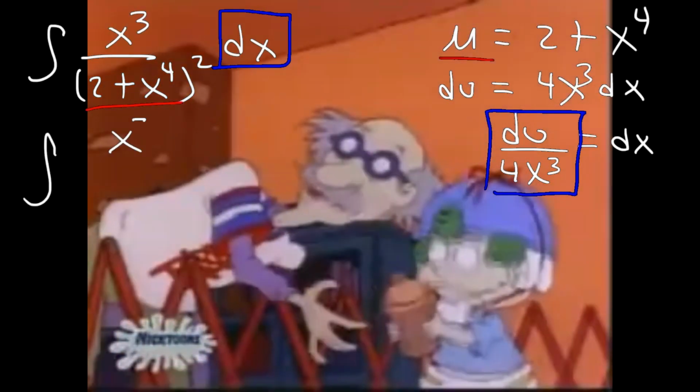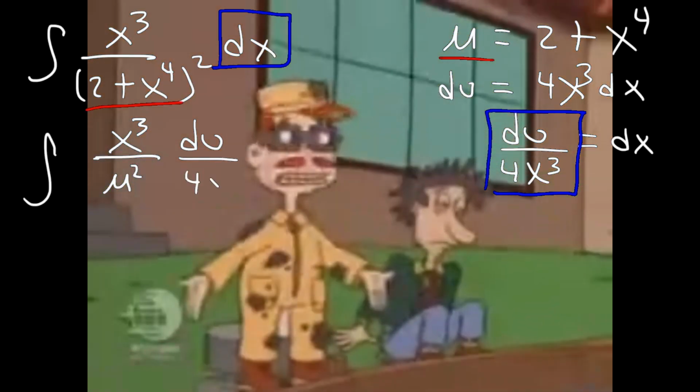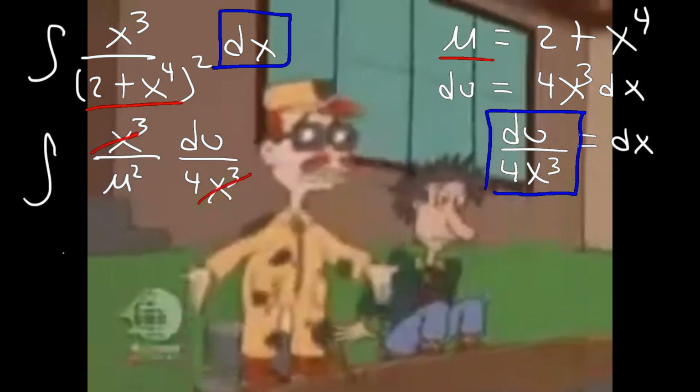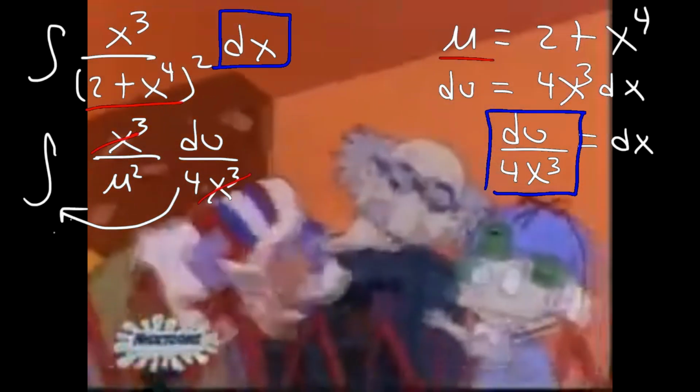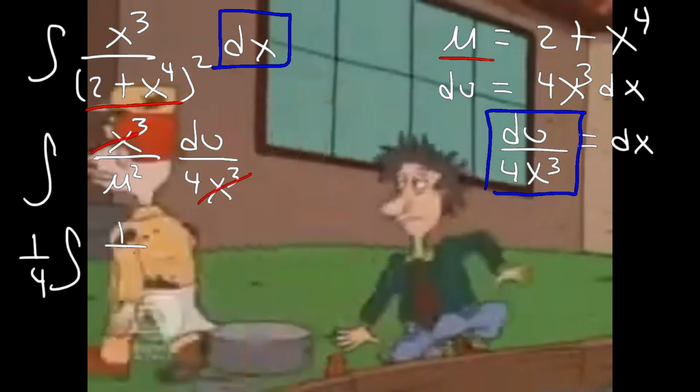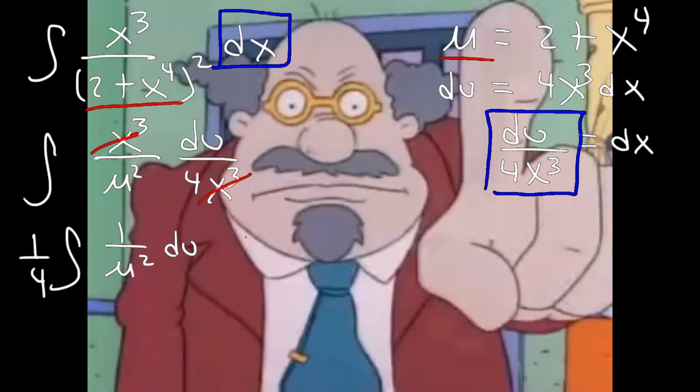So we're going to have x to the 3rd on top, u squared on the bottom, and dx is du over 4x cubed. And if you do it this way, as you can see, the remaining x variables will cancel out nicely. So this 4 is in the bottom, let's move it to the front, so it becomes 1/4 antiderivative 1 over u squared du.